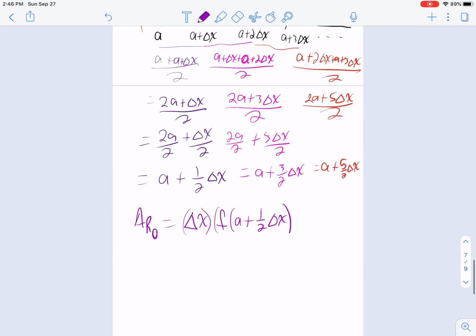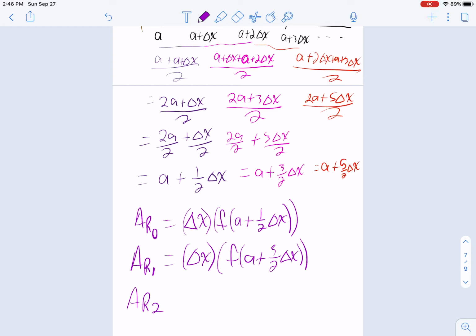Area of rectangle 1 is going to be delta x times f of A plus 3/2 delta x. Area of rectangle 2 is going to be delta x times f of A plus 5 over 2 delta x. And we go on and so forth.